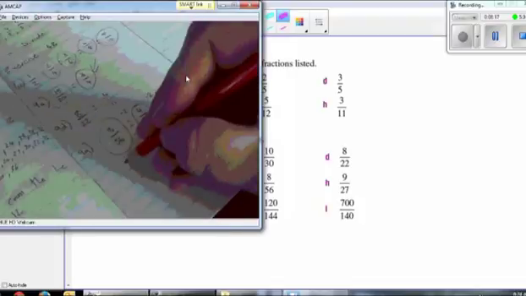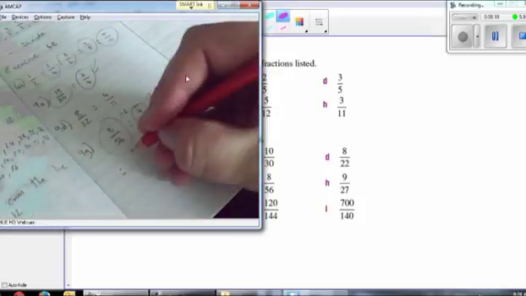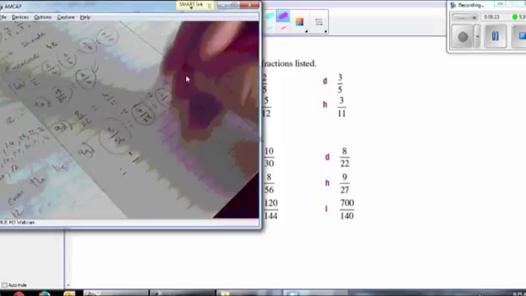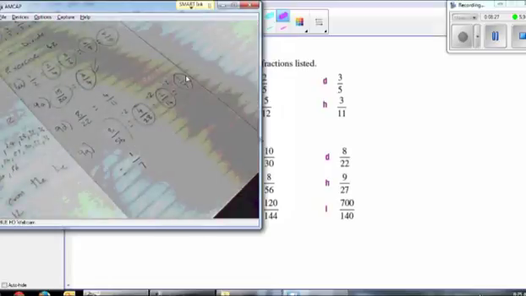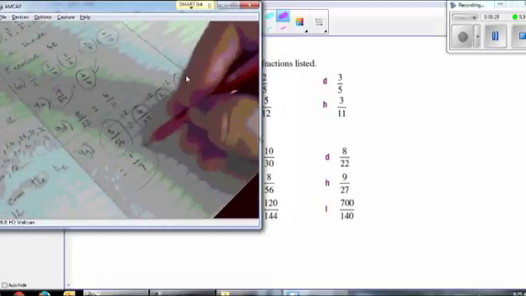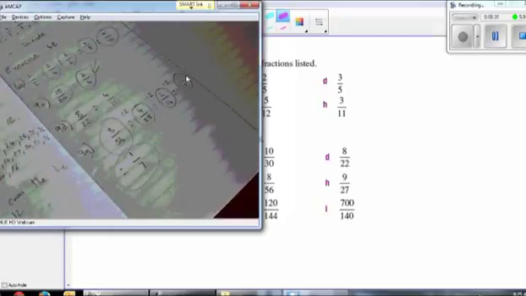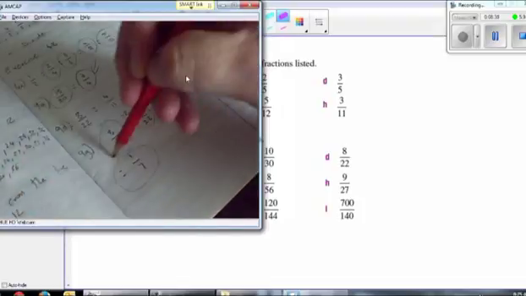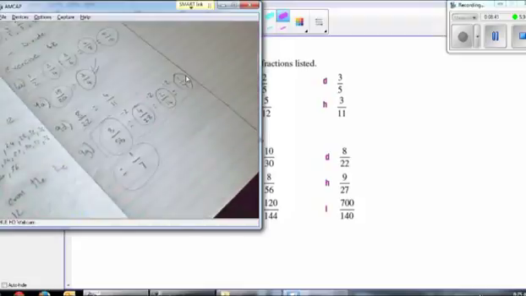If we were to divide 8 by 8, we would get 1, and if we were to divide 56 by 8, we would get 7. So in one operation, we got back to our simplest form. So it's always more effective to divide by your highest common factor, if you can. But if you can't think of those, you still have other options. It just takes you longer to get there.